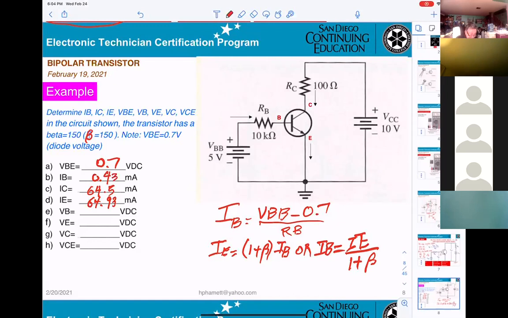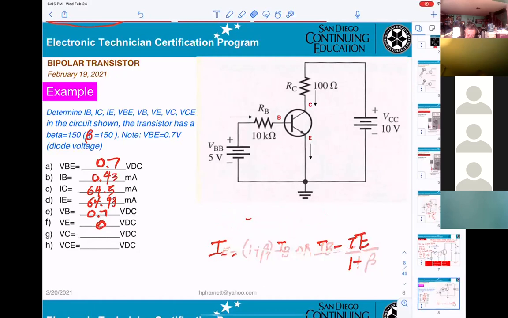Okay, let's see. What VB do you get? 0.7. 0.7. Perfect. What VE do you get? 0. You don't know, you quit. 0. And now, in order to calculate the VC, I gave you the formula.